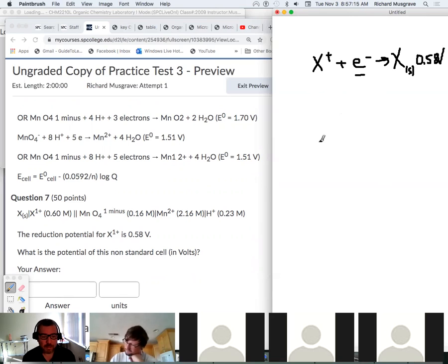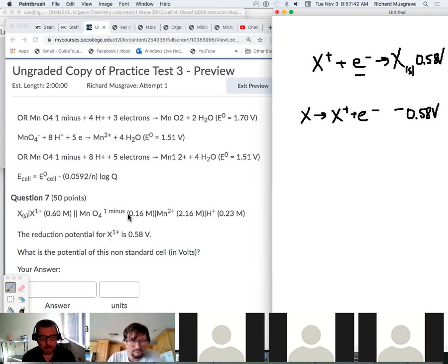Now you'll notice that that's a reduction, but in the actual equation itself, you'll see it's set up as the anode. So that means we have to flip it. So I know immediately that that's what I'll have to do. You always have to flip whatever's on the left side because that's the convention of a cell diagram. And that makes that negative 0.58 volts.